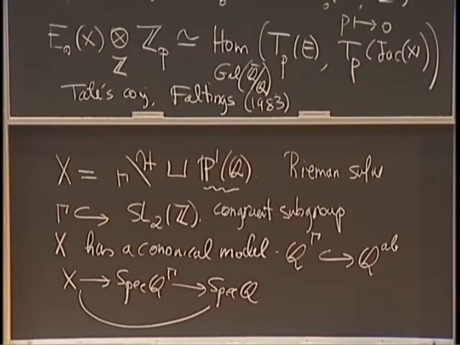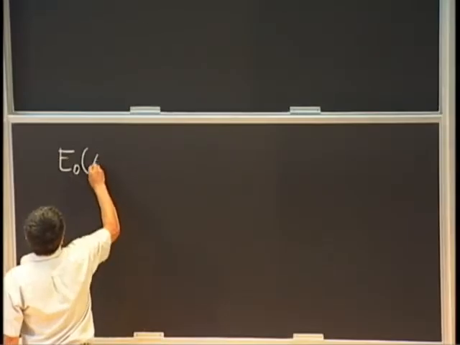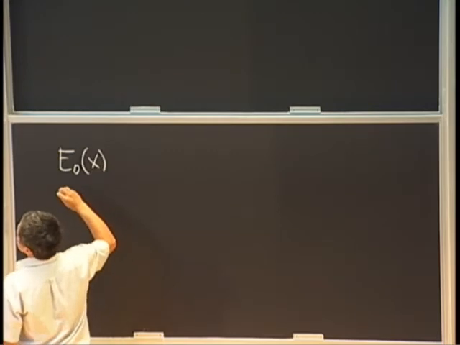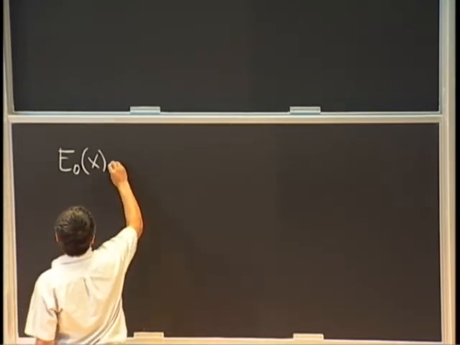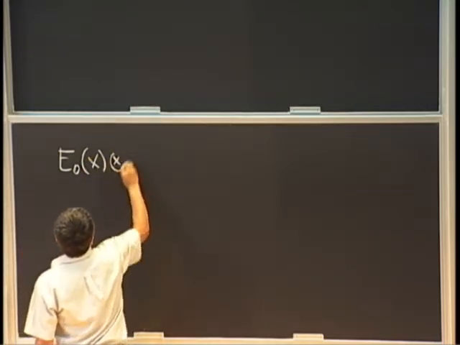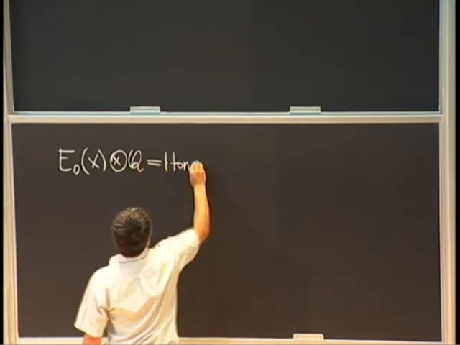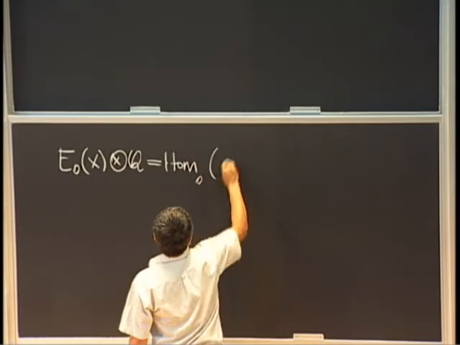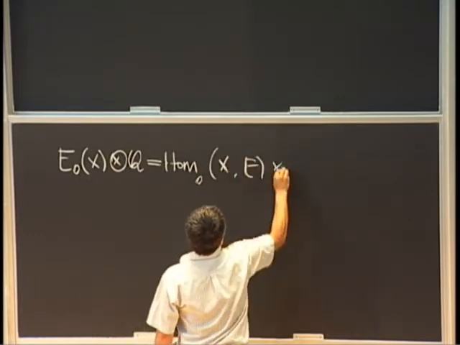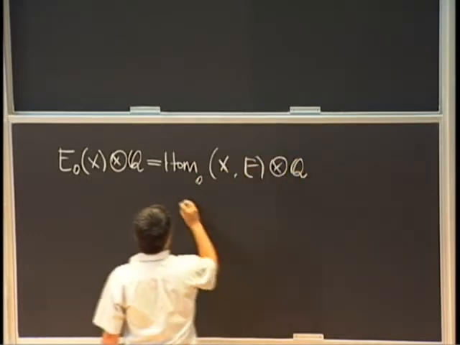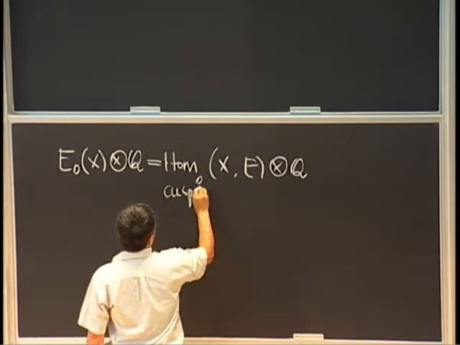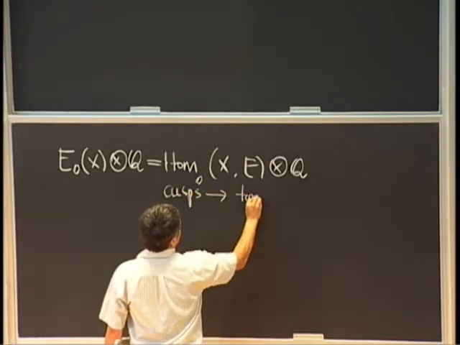I can require E0 of X, maybe tensor Q. At least I can define this model to be Hom_0 of X to E tensor Q, but I require the cusp goes to a torsion point.